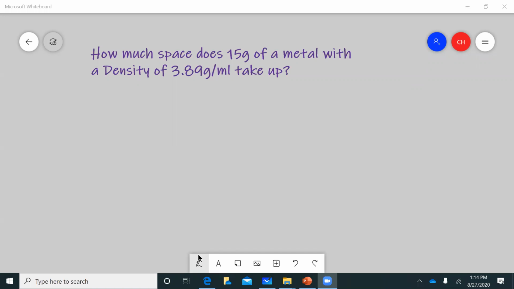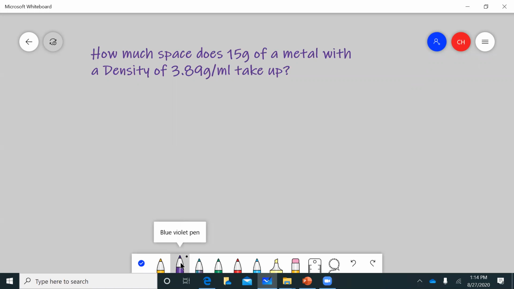Okay, so in this problem, how much space does 15 grams of a metal with a density of 3.89 grams per milliliter take up? So I'm going to write out my given information. I know the density, it says it right there, equals 3.89 grams per milliliter.